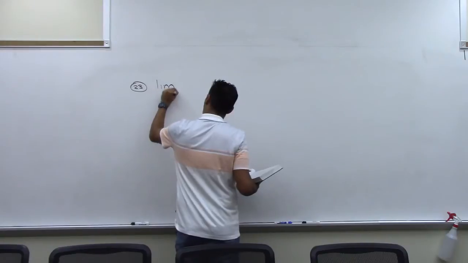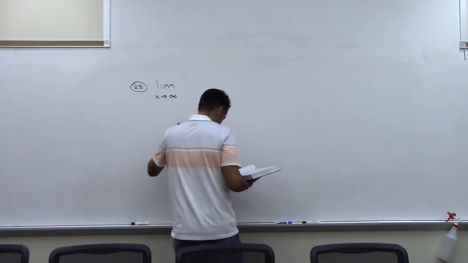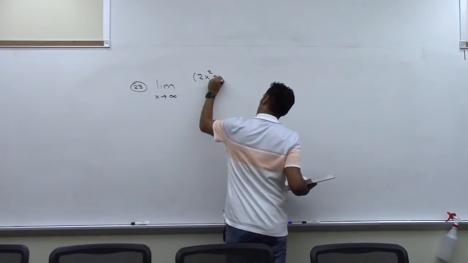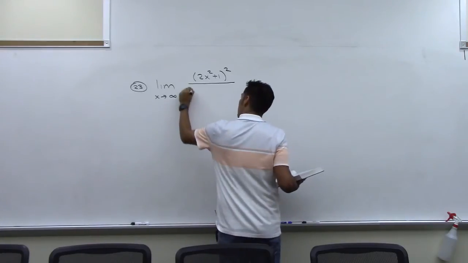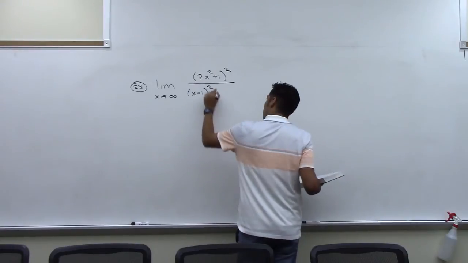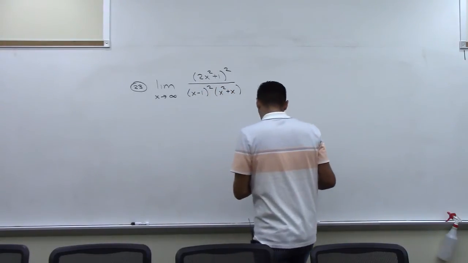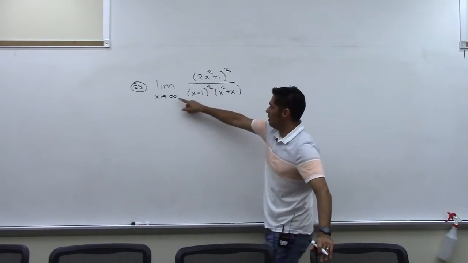Limit as x goes to infinity of (2x squared plus 1) squared over (x minus 1) squared times (x squared plus x). All right, we start letting x become infinite.